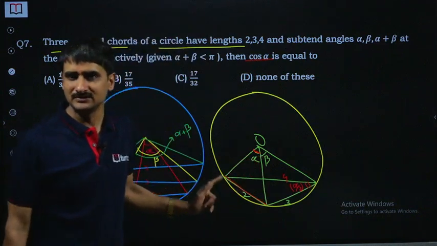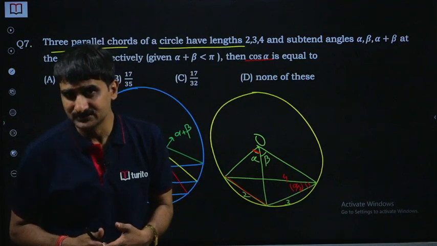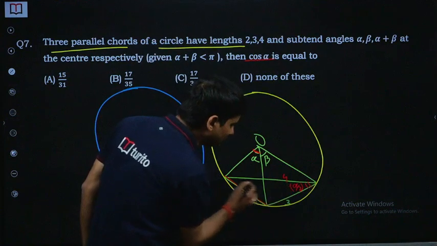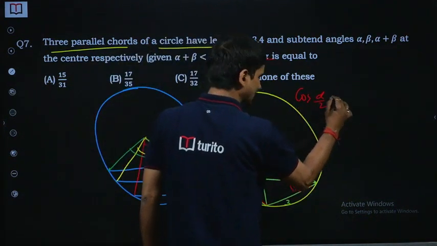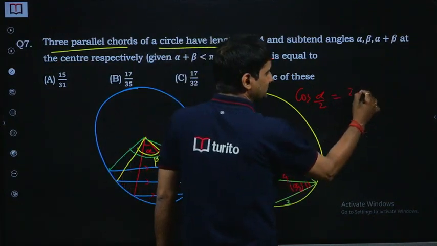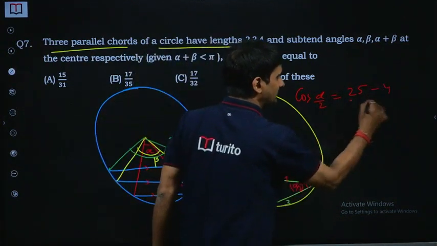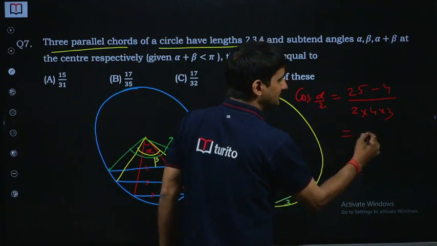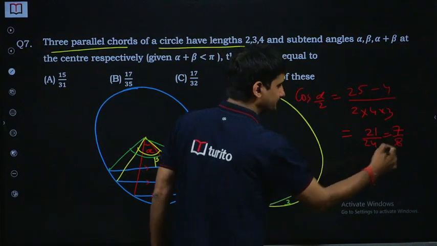The angle subtended by a chord at any point on the major arc is half of the angle which it subtends at the center. So it's alpha by 2, and this is the triangle whose all the 3 sides are known. So applying the cosine rule, cos alpha by 2 is the sum of squares of sides, 16 plus 9 is 25, minus the square of the opposite side, 4, upon 2 into the product of adjacent sides, 4 into 3. So cos alpha by 2 is 21 by 24, so it's 7 by 8.